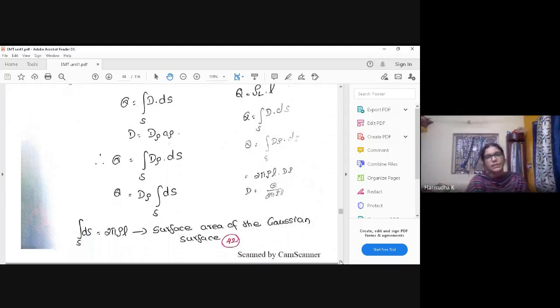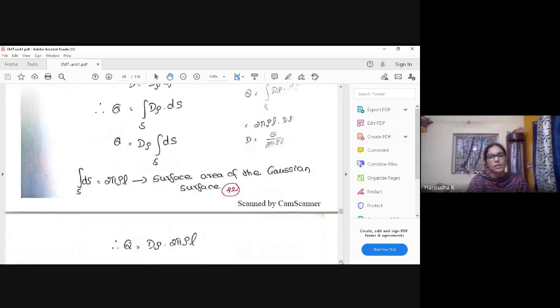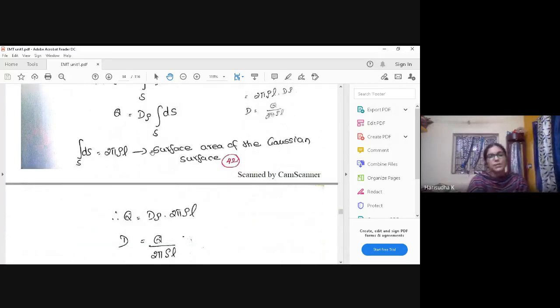We know the Gaussian surface is again a cylinder. Since it is a cylinder, the surface integral dS will be equal to 2 pi rho L. From where did I get this equation? If you check the differential surface area in the cylindrical coordinate system, for the differential surface with respect to rho, from there I have referred to this equation.